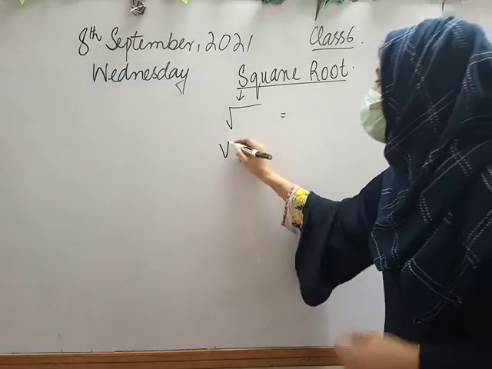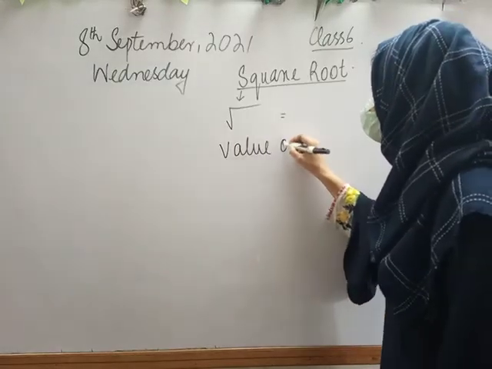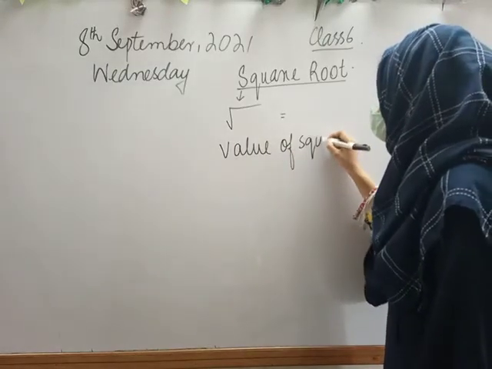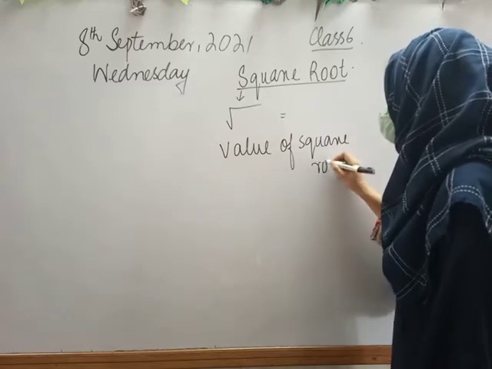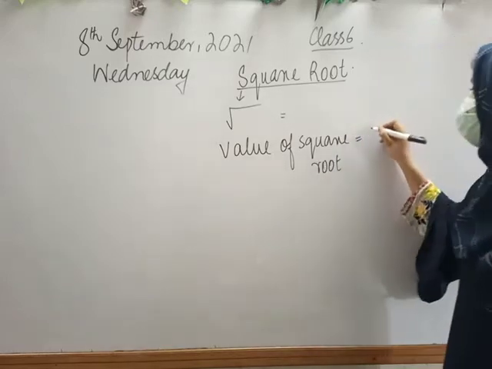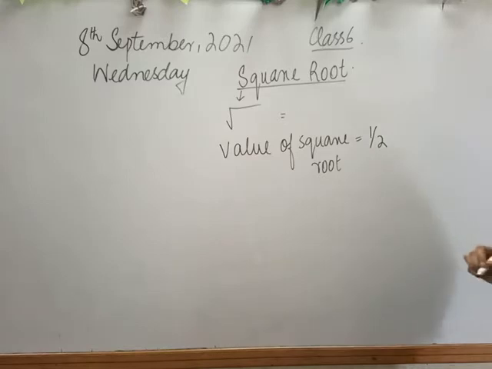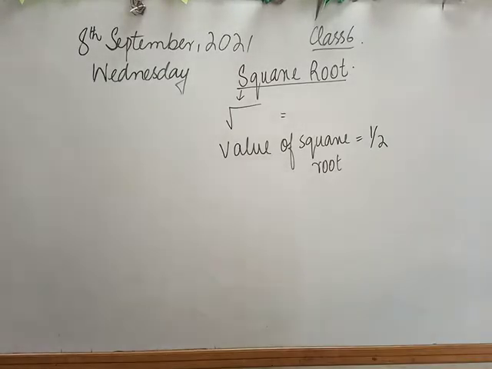Now, the value of square root is 1 by 2. Fine. The value of square root is 1 by 2. Is it clear, class? Okay.